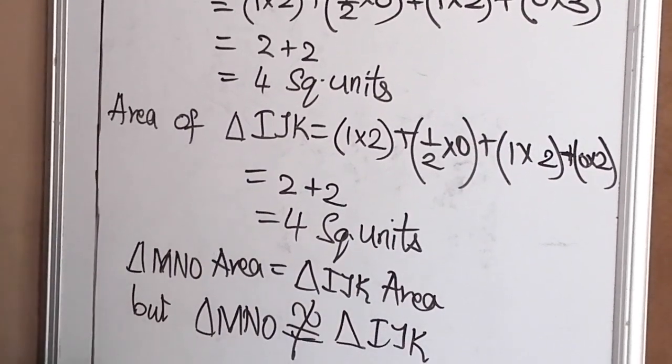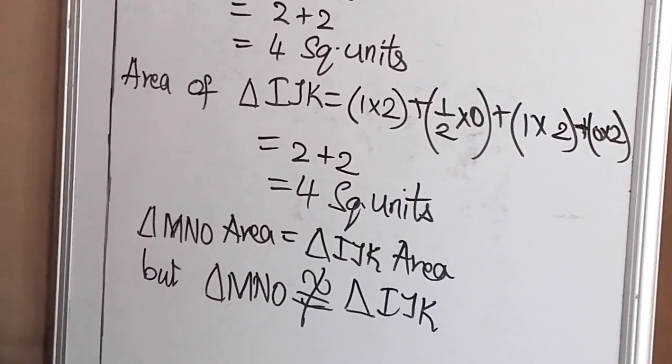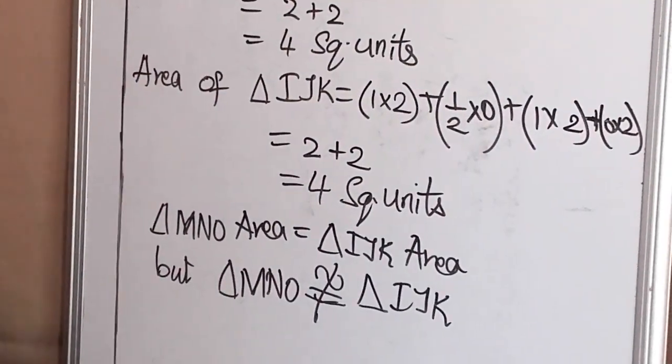IJK. Now what we can do, we can measure and add up the sides to find out the perimeter.